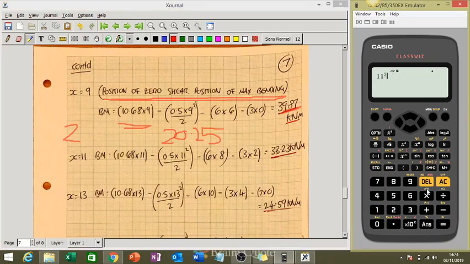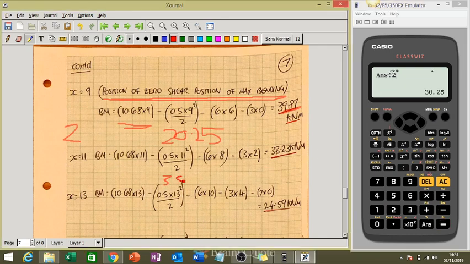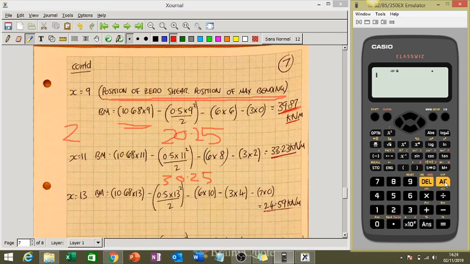11 squared times by 0.5 equals that, divided by 2 gives me 30.25. Right, so work that out. 10.68 times 11. Take away 30.25. You can go quicker than me if you want to.